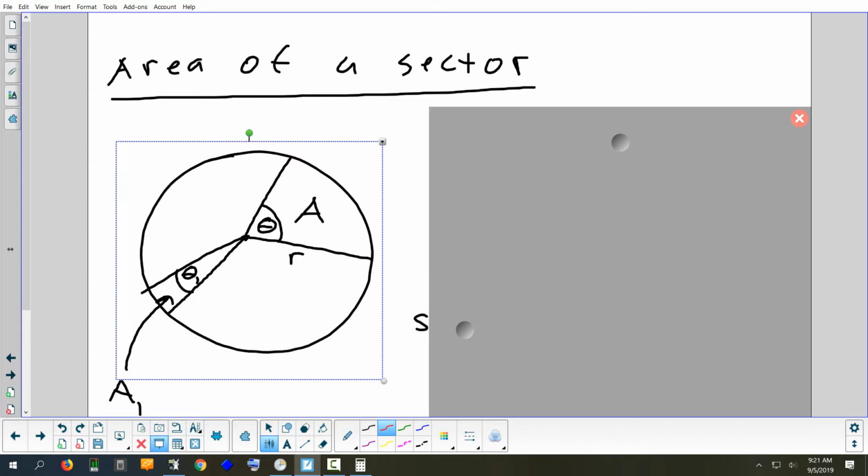The other angle I'm calling theta 1. But this time, notice S isn't labeled. I'm not focusing on the arc. I'm focusing on the area. I'm going to erase it because this makes it kind of hard to read. But this is the area that I'm looking at. That shape right there. What I just shaded in green is called a sector.